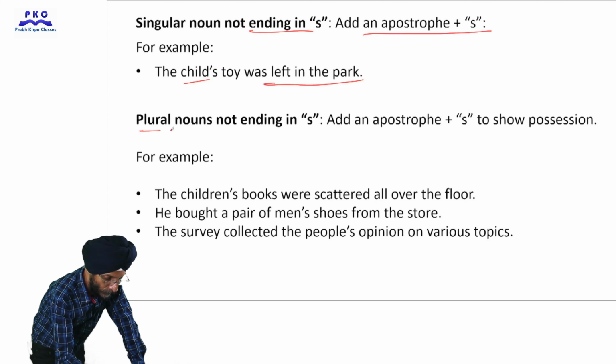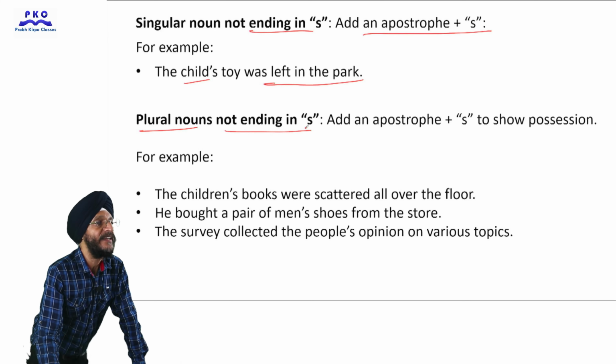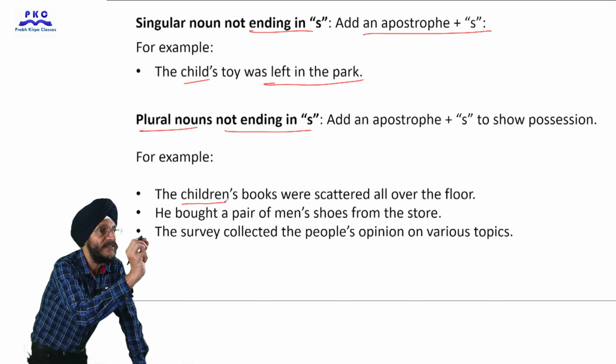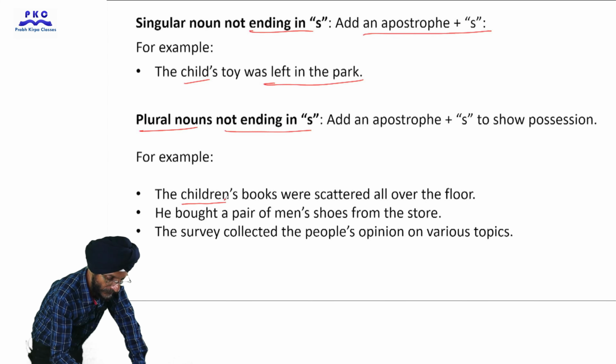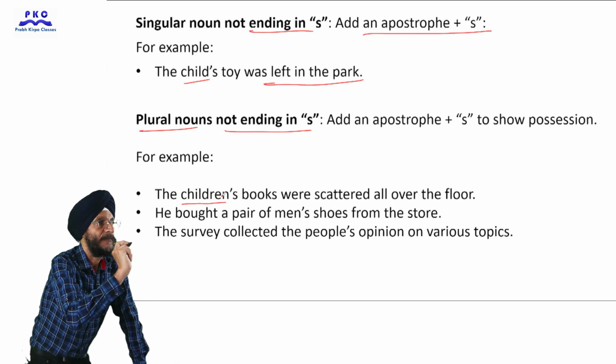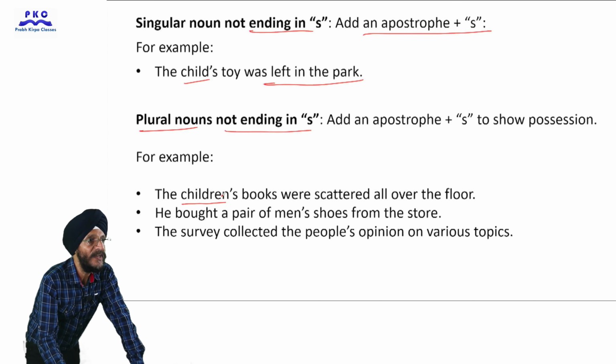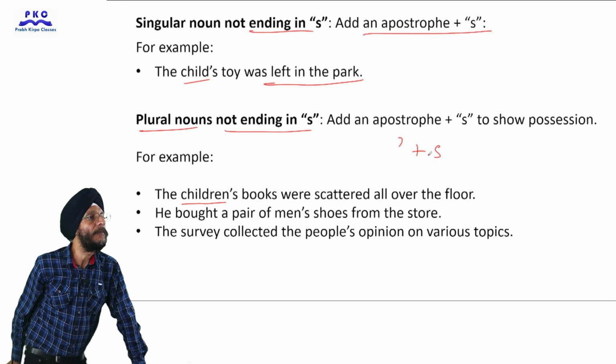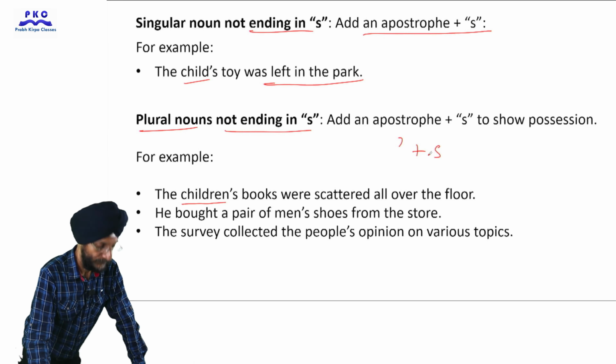Now we talk about plural nouns not ending in s. Here you will see that this is a plural noun and the last letter is n. So it does not end in s. So here we will add apostrophe plus s, both these, to show possession.